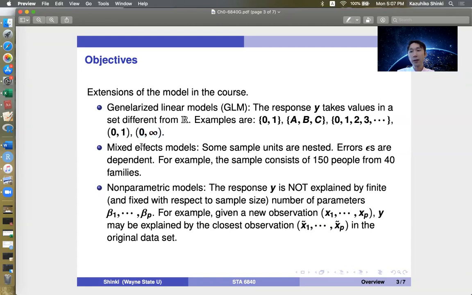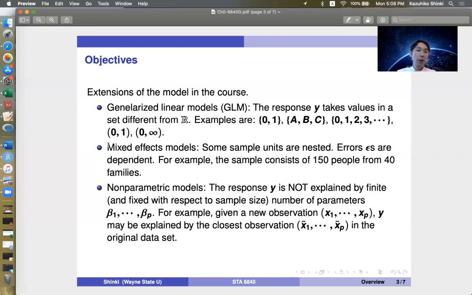Also, of course, many variables have the range 0 to infinity. If the y values are well distributed, then usually we don't really care about the limit, such as 0 or 1. But if most observations are very close to 0 and a few observations are large, then we have to prepare something different from the usual linear model.